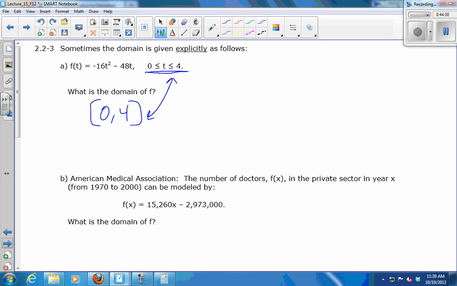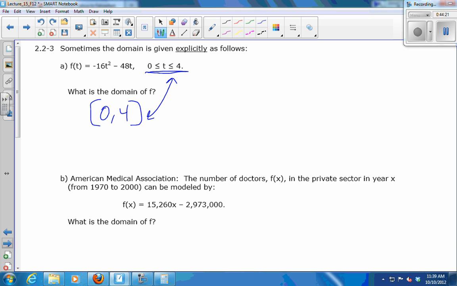Here's another one where it's given explicitly. The American Medical Association says that the number of doctors, f of x, so the output is the number of doctors, in the private sector in year x, so x is the year, that's going to be your input, can be modeled by this equation.